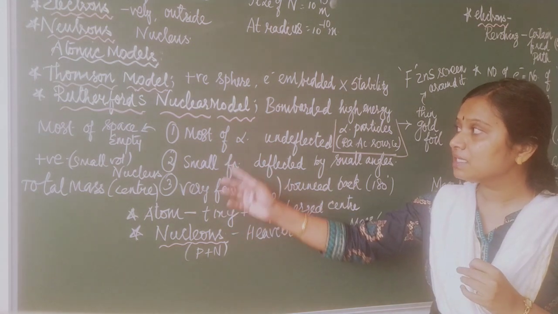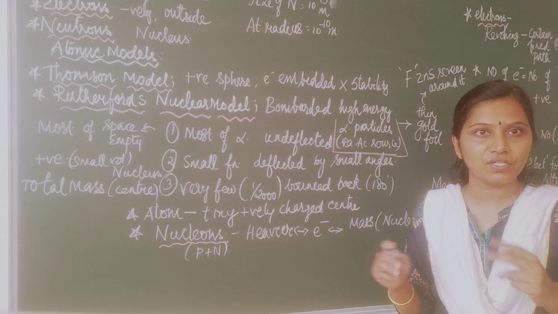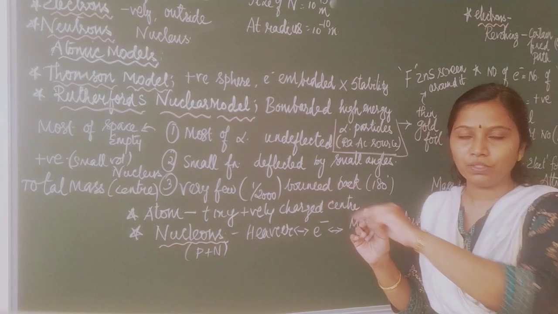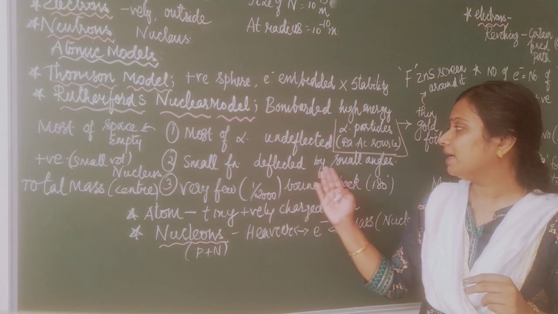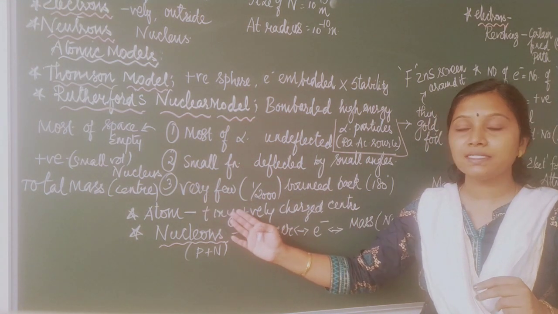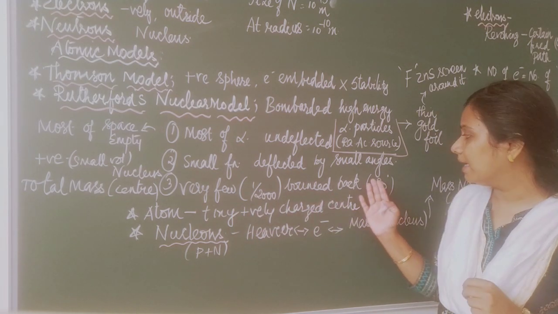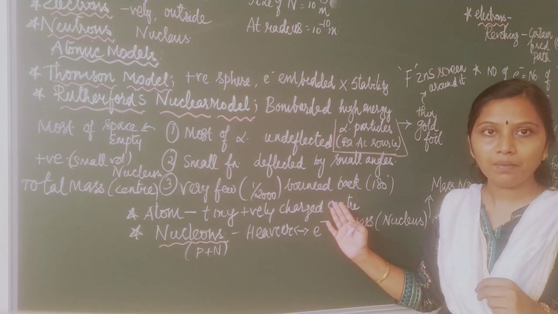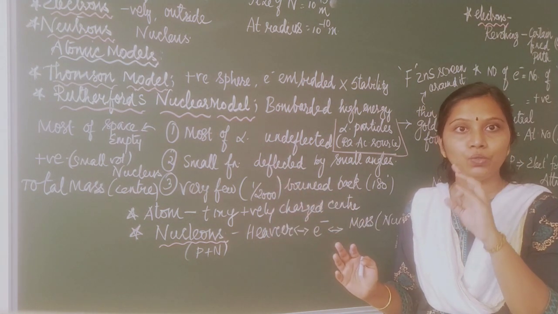First, most of the alpha particles pass through the gold foil undeflected. Second, a small fraction were deflected by small angles. And very few particles, that is 1 in 2000, were deflected at an angle of 180 degrees, or bounced back.